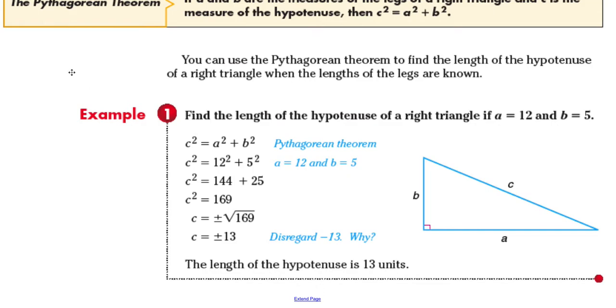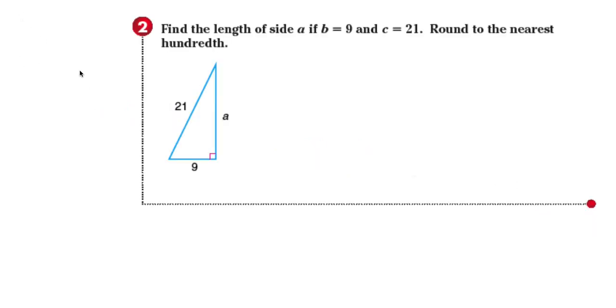Let's take a look at example number 2. Find the length of side a if we know that b is 9 and c is equal to 21. Round to the nearest hundredths place. First we write down the formula: c squared is equal to a squared plus b squared. Substitute the values that we know. We know c and we know b.